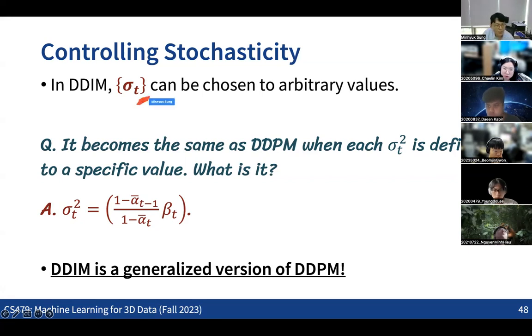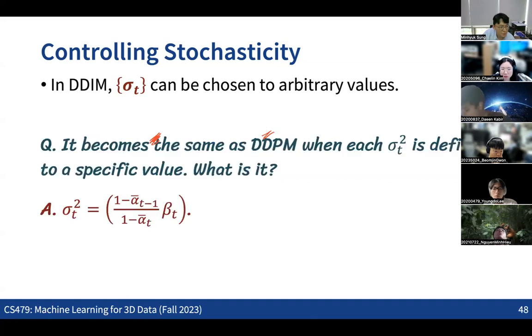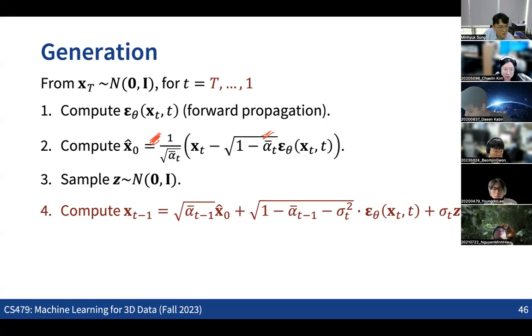And why do we want to control the sigma value here? One thing is that if we make this sigma value 0, then what does that mean? If we go back to the generation process, what's the meaning of making the sigma 0?